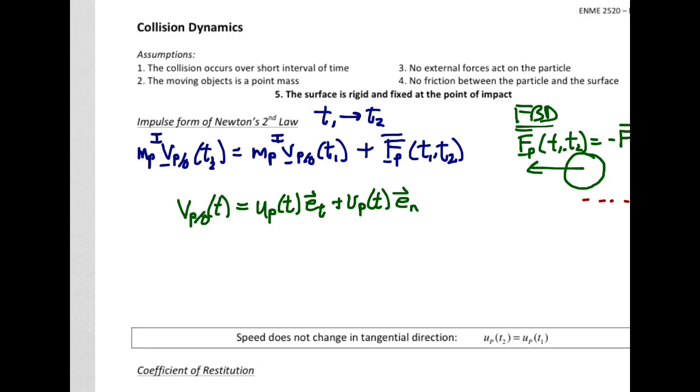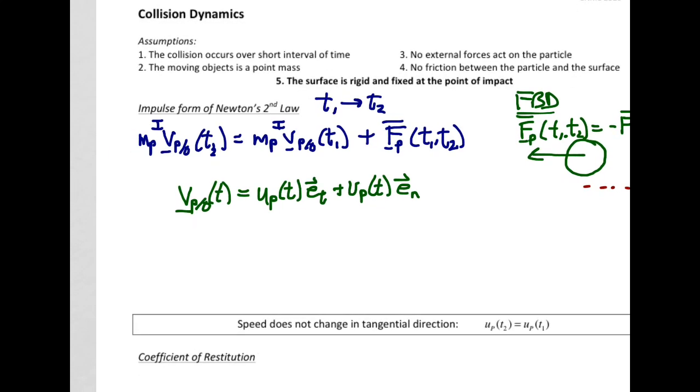And so when we insert our velocities for time 1 and time 2 into our impulse momentum, which is Newton's second law in impulse form, and then we solve for our scalar equations in the tangential direction and the normal direction, so in the line of impact and the plane of contact, then along e_t, we get the relationship of our mass of P multiplied times our speed in the tangential direction at time 2 is equal to the mass of P multiplied times the speed in the tangential direction at time 1.